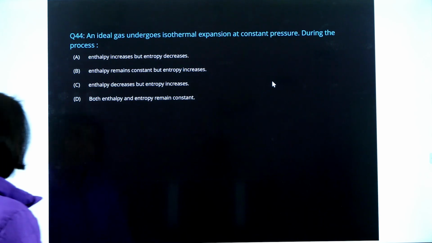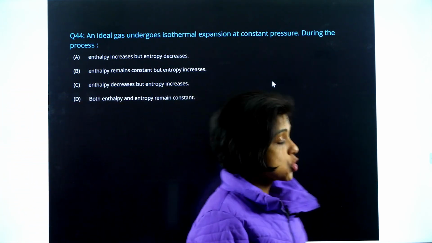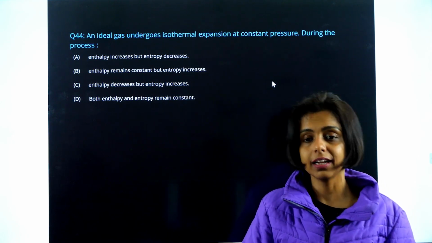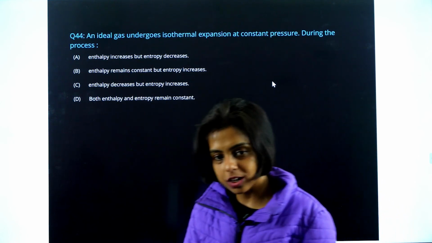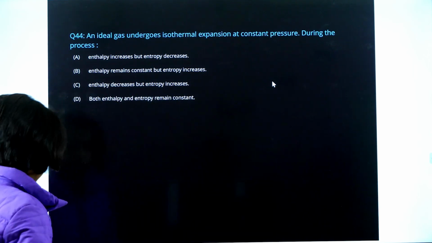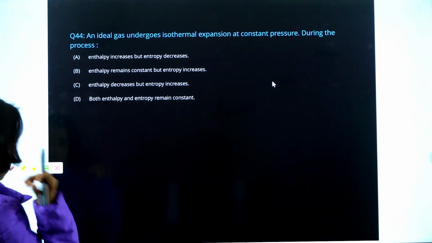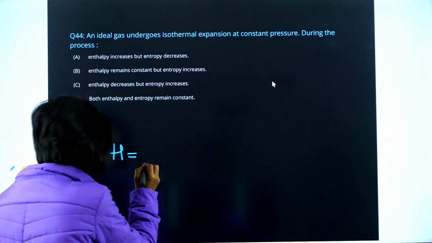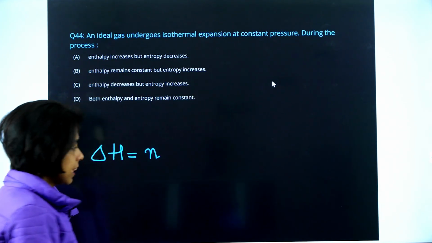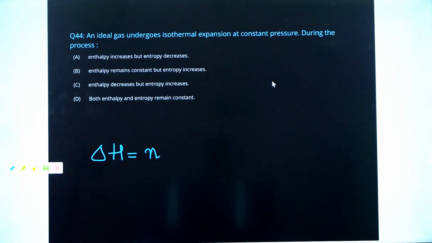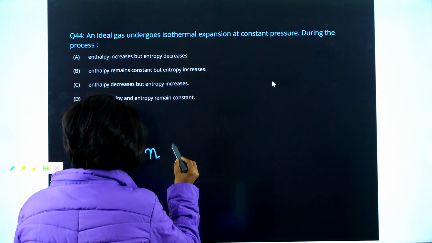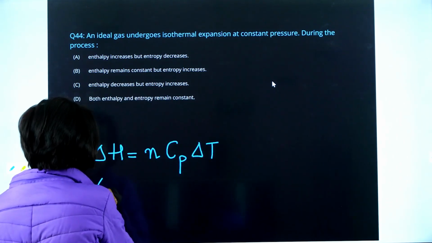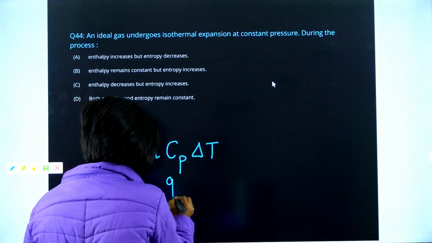Next, an ideal gas undergoes isothermal expansion at constant pressure. Isothermally, it is expanding, right? Temperature is constant. Yes. So if temperature is constant, what is the enthalpy of the reaction, and the entropy change of the reaction?